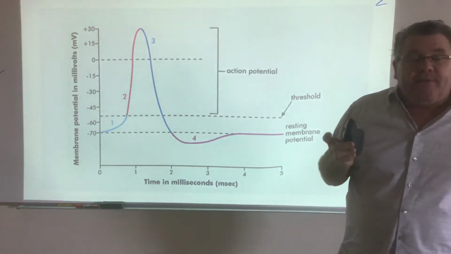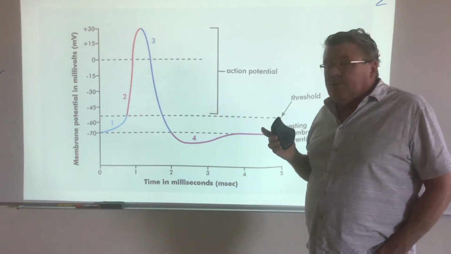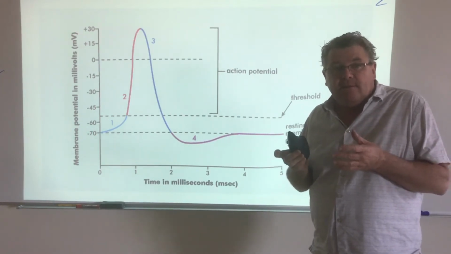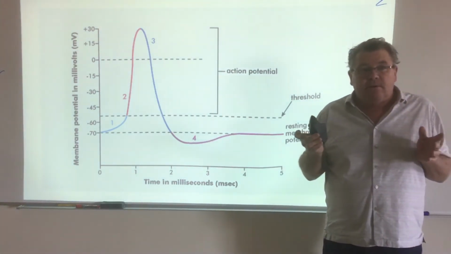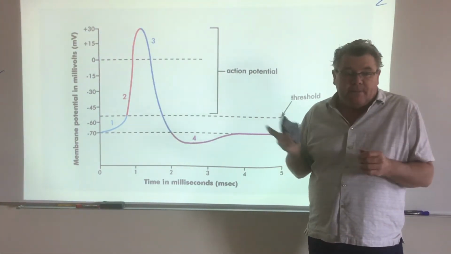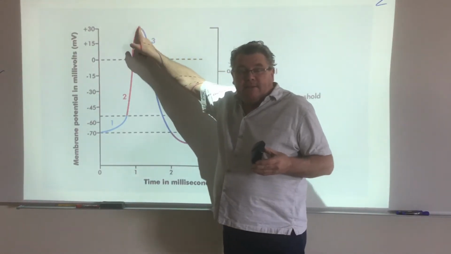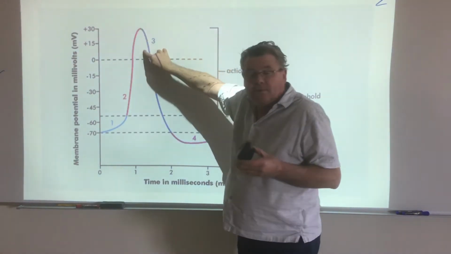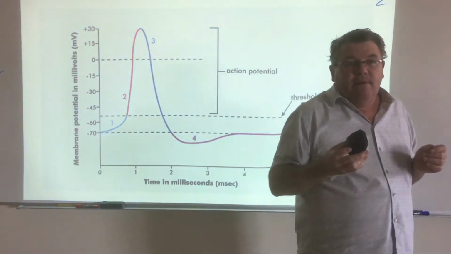Once we hit plus 35, what's going to happen is this: those voltage-gated sodium channels are told to shut, and they do, so we don't have a flow of sodium anymore. But we open potassium channels. Potassium is positive, and potassium flows out, and it takes all of that positive charge with it.